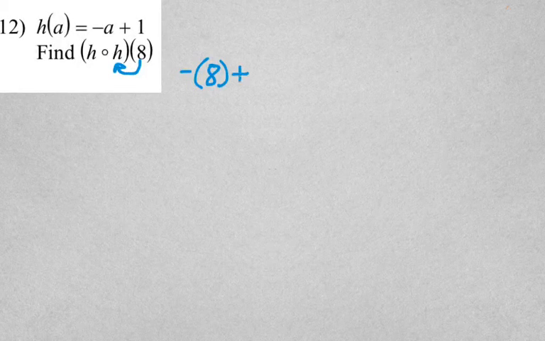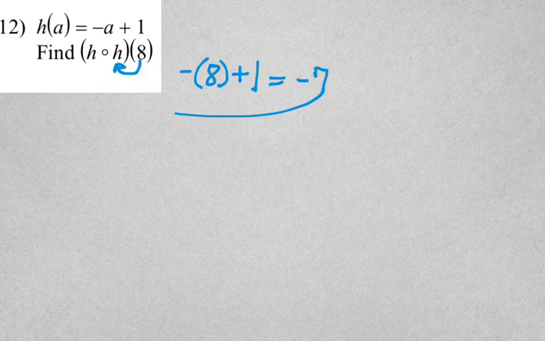Let's do this again. Same idea, but this time the function is just one of the functions. So I'm going to plug that negative 8 into the h function. So negative 8 plus 1, which gives me a negative 7. That number gets plugged in again to the function.